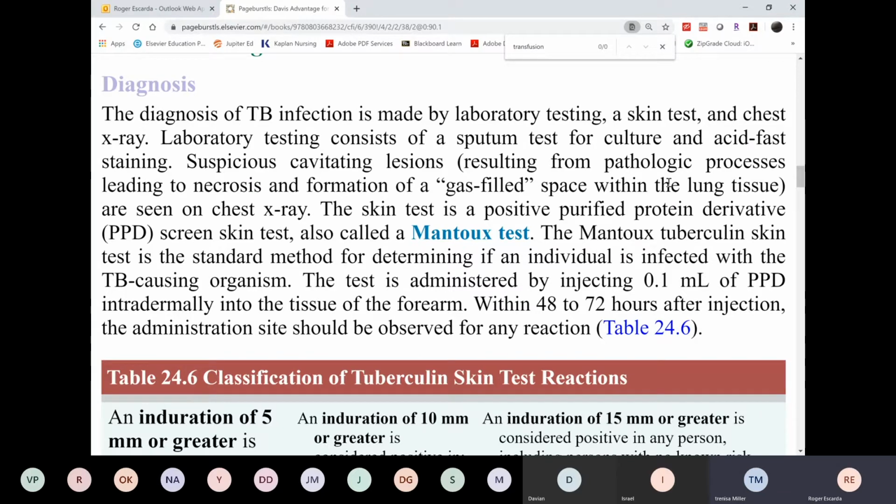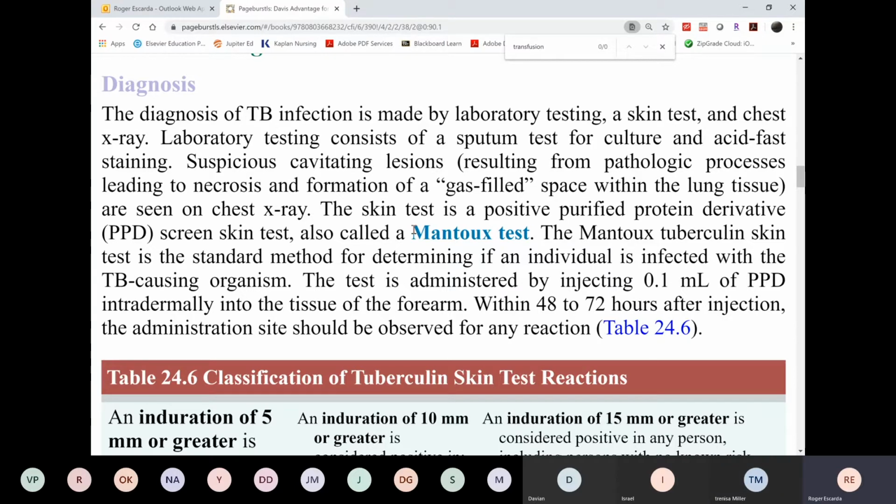Okay. In a patient who received a BCG vaccine, when we use the PPD test, the Mantoux test, it could provide a false positive, meaning it could turn the patient's test positive not because they are exposed to TB, but because they were given the BCG vaccine, which is a weakened TB bacillus.